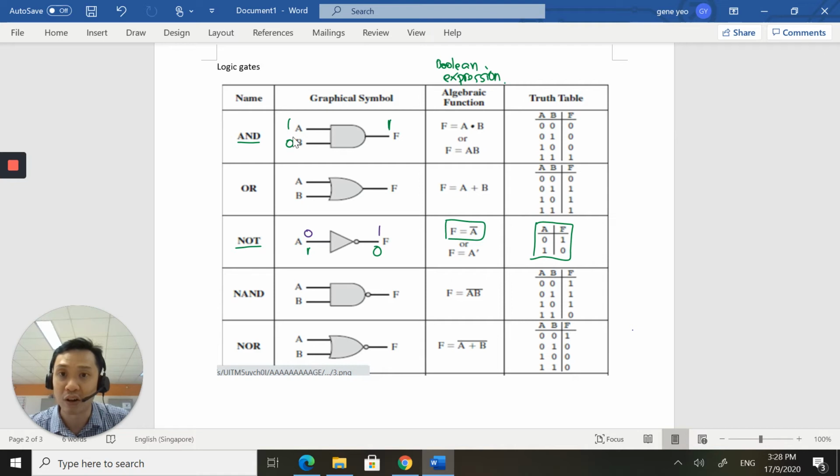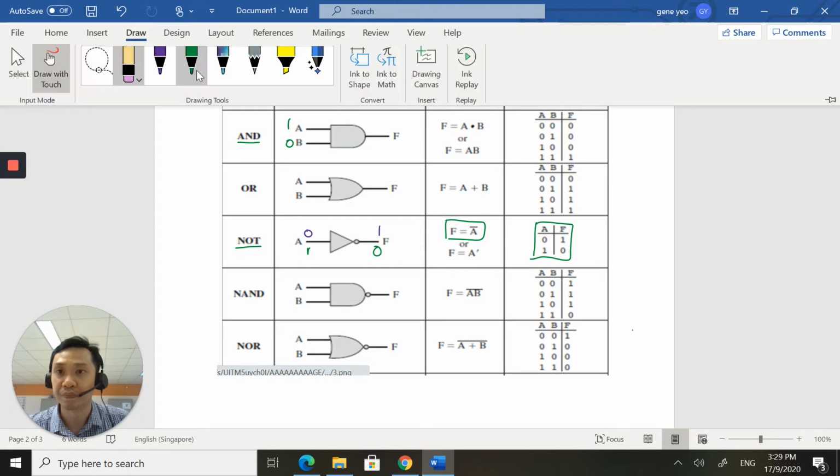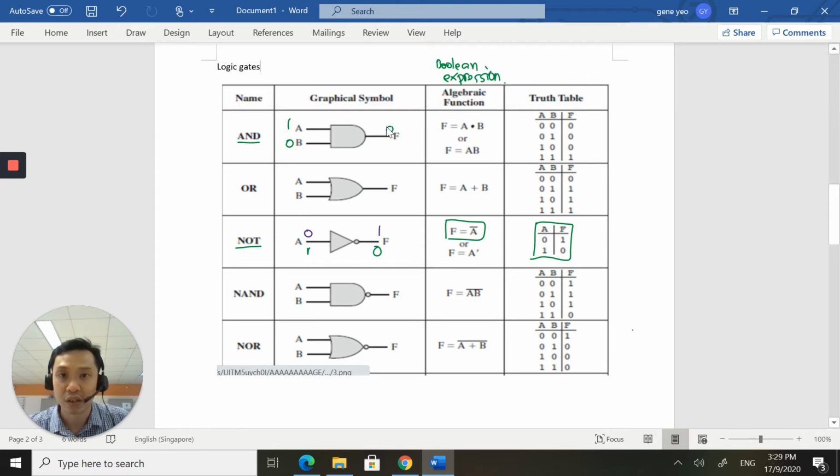If one of the inputs is a low, then the output will be a low. Okay, so both inputs need to be high. Input A and input B high, then it'll give me a high output. Otherwise, so long as one of the inputs is a low, it'll give me an output low.